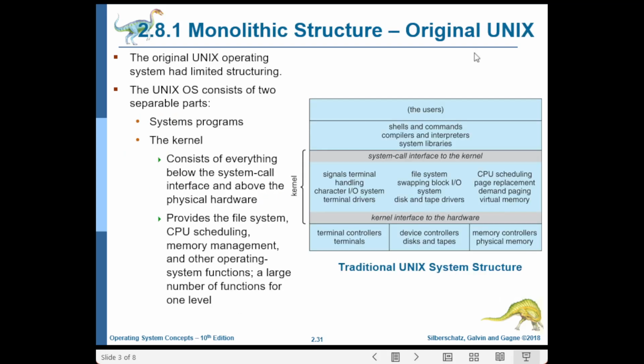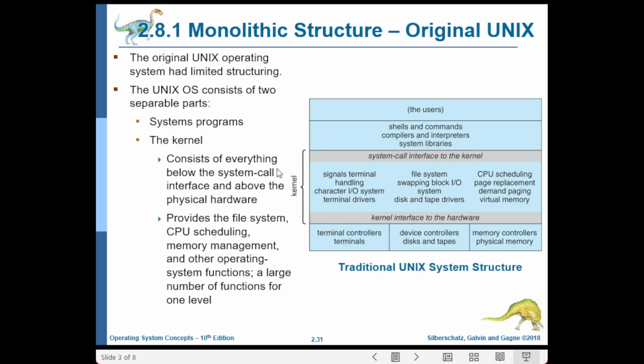This structure has been adopted by the original Unix. Original Unix consists of two separable parts: the system programs and the kernel. The system programs have the shell and commands, compilers and interpreters, and also system libraries.